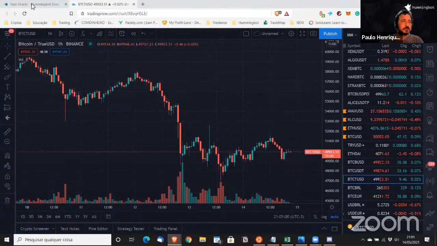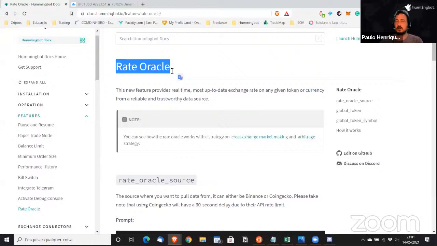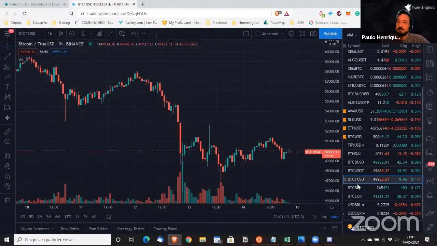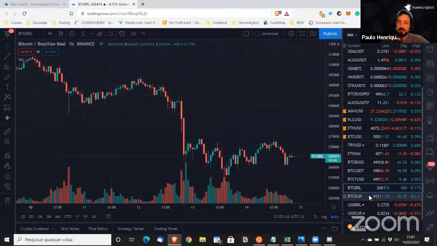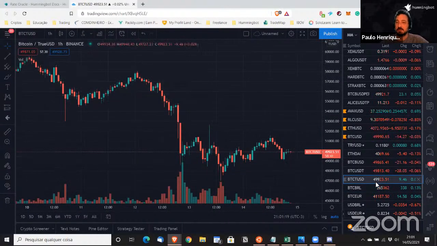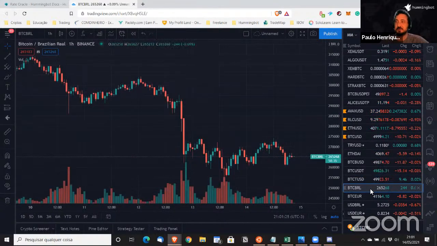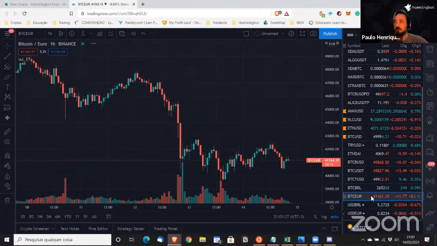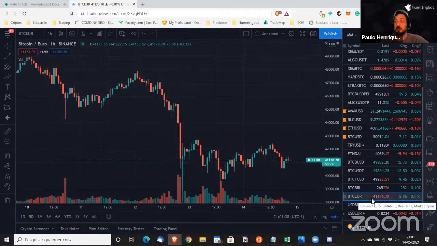The feature we're going to talk about today is the rate oracle. Basically, as you can see, we have a lot of different markets and exchanges with different pairs. Let's take, for example, BTC USD, BTC Brazilian Real, BTC Euro, and any other fiat currency or cryptocurrency that could be used to create a trading pair.